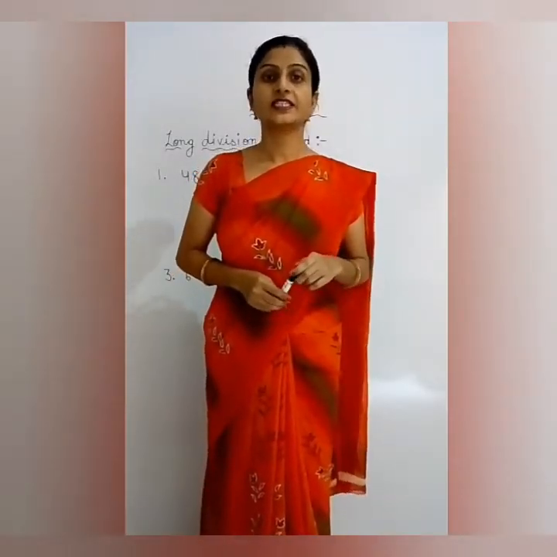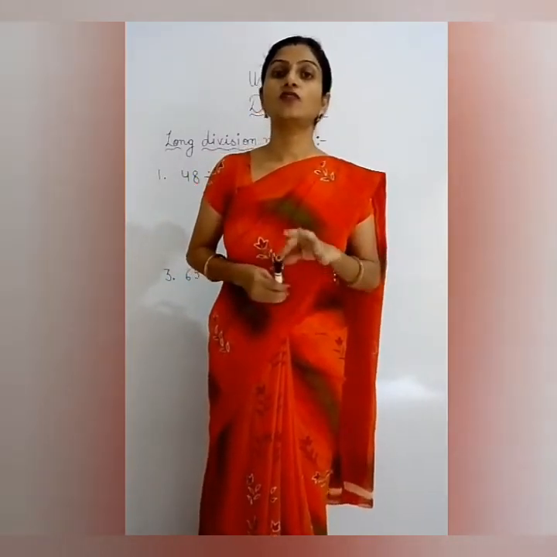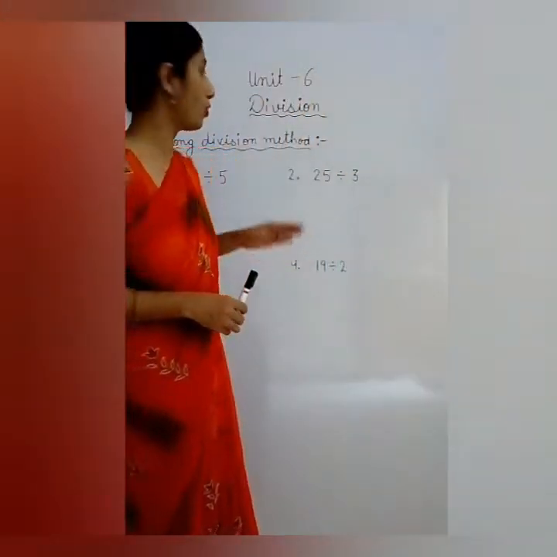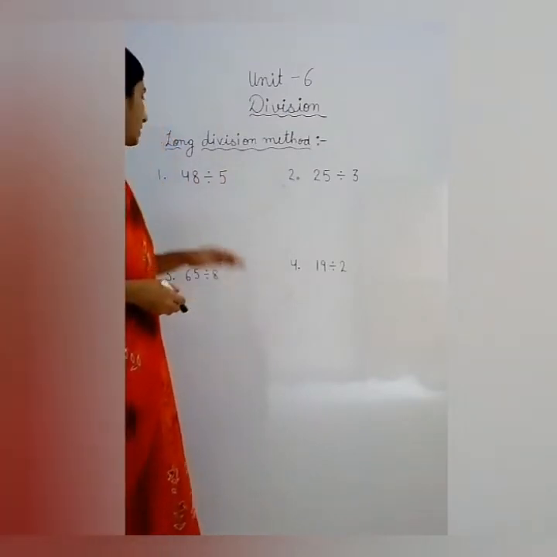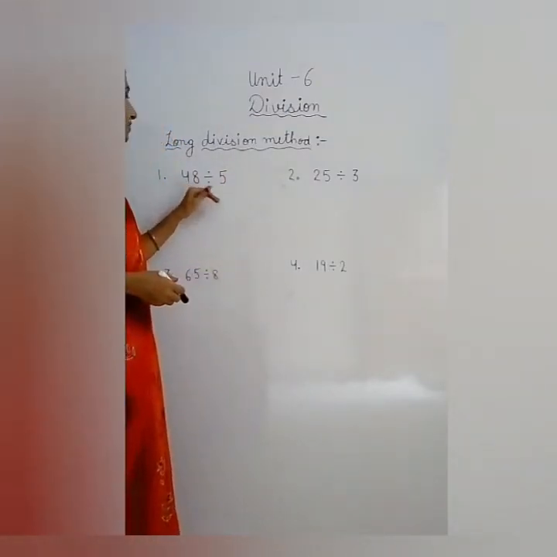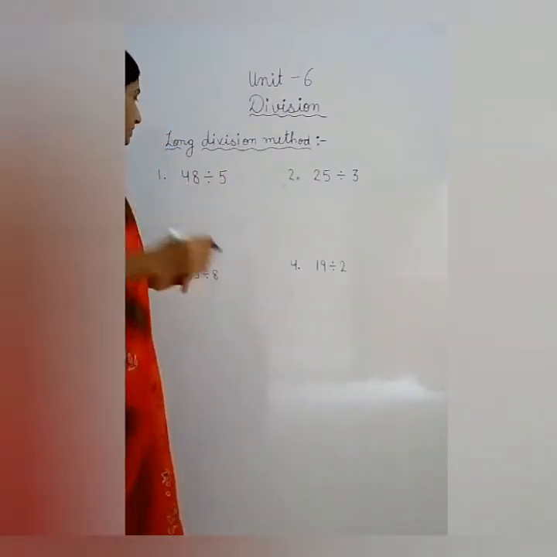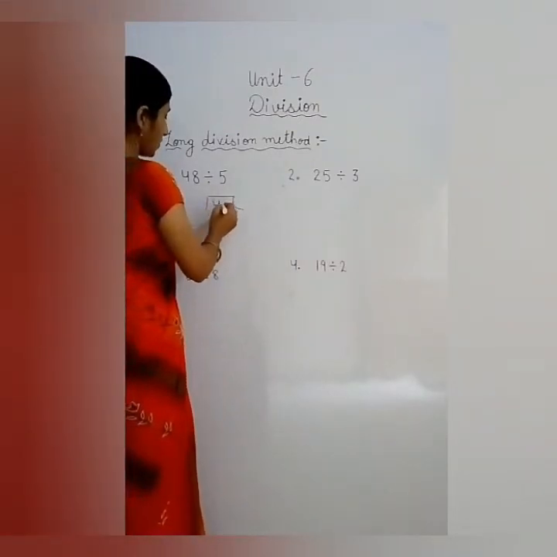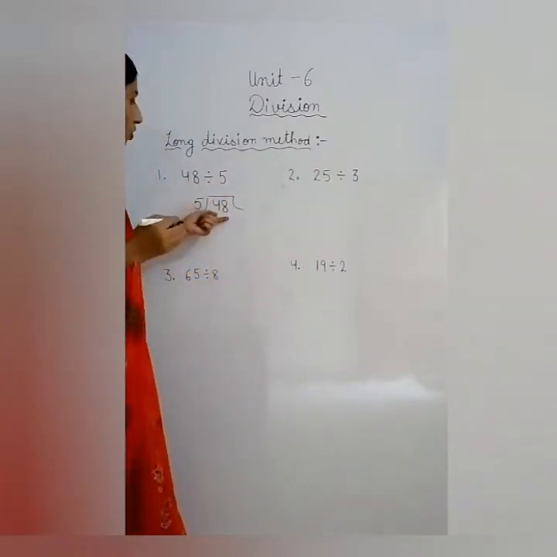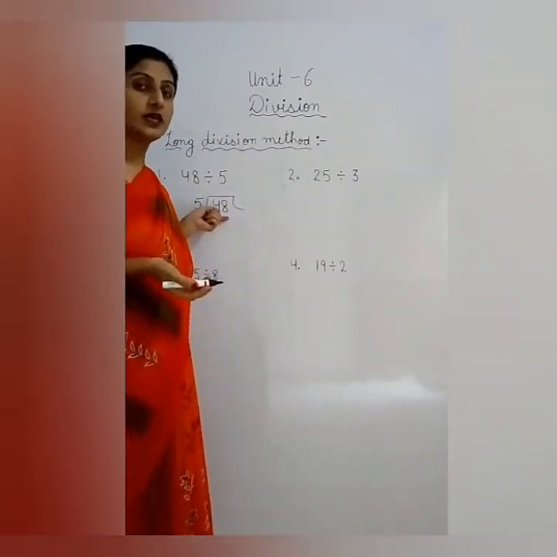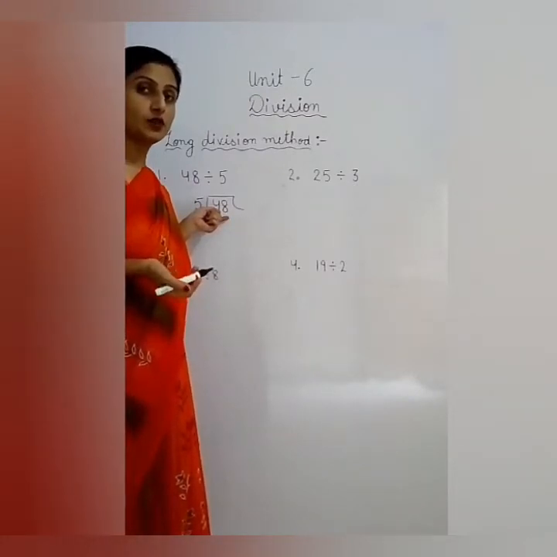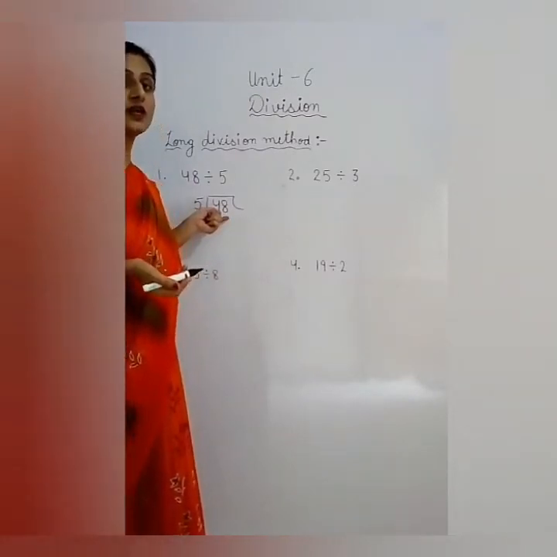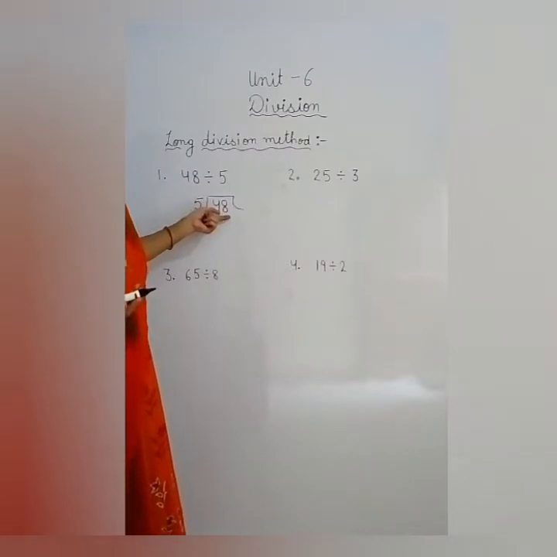Dear kids, let's take some more examples of division sums with the help of the long division method. Look here, 48 divided by 5. So mark a sign. Write here 48. Here is 5. So 48 does not come in the table of 5. What do we do? We see the number smaller than 48.